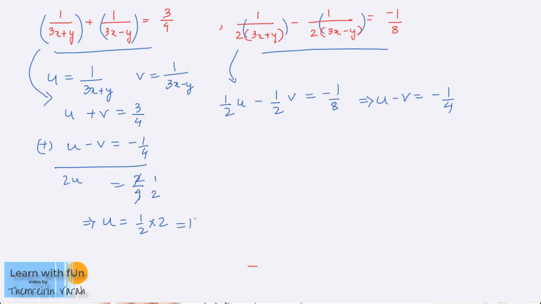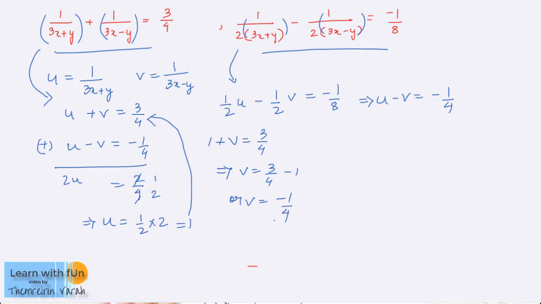So u is equal to 1. Now replacing the value of u, 1 plus v is equal to 3 by 4. This implies that v equals 3 by 4 minus 1, or v is equal to minus 1 by 4.